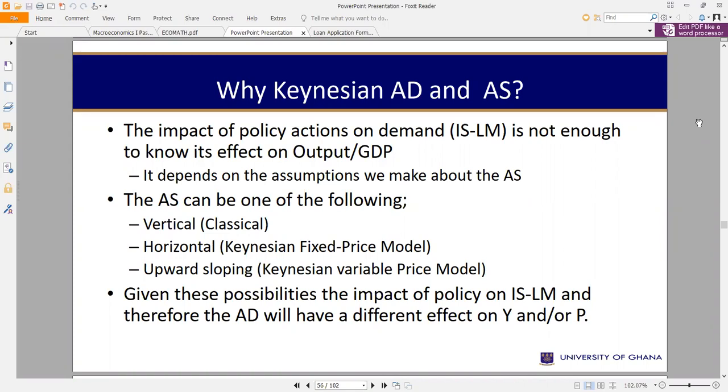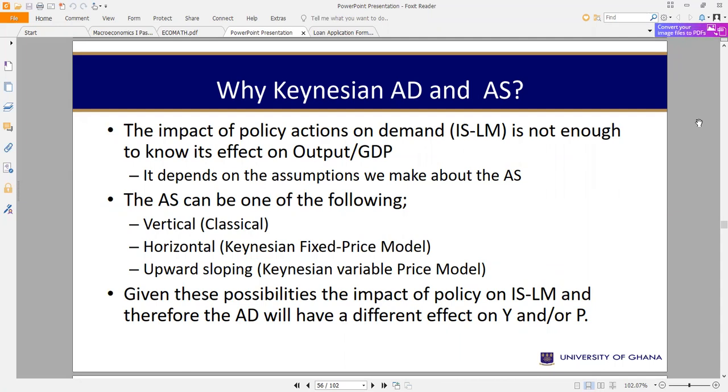So if we are dealing with aggregate demand and not just the ISLM, then we should actually know the shape of the aggregate supply curve. So we want to deal with AD and AS. We combine them, and then we know what will actually happen whenever we enact those policies.